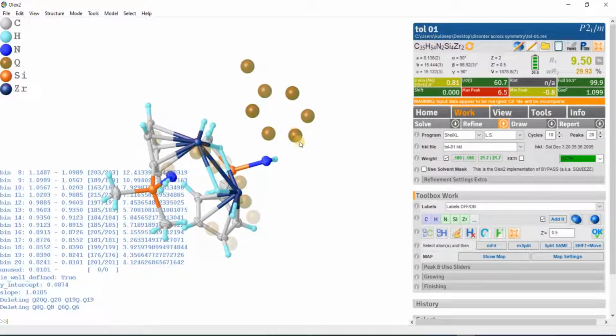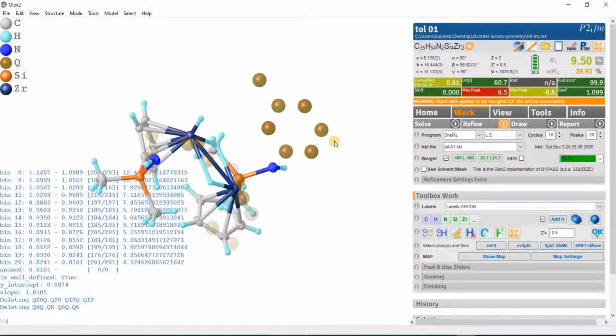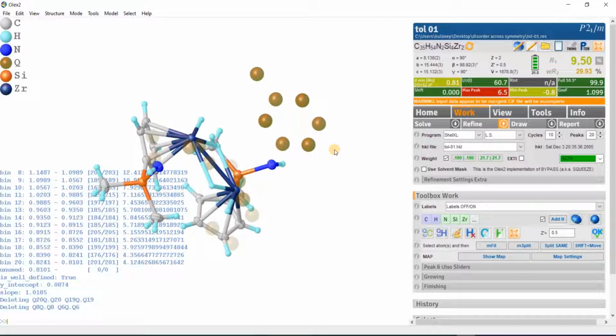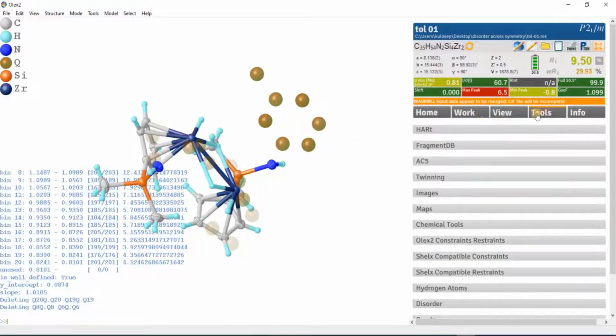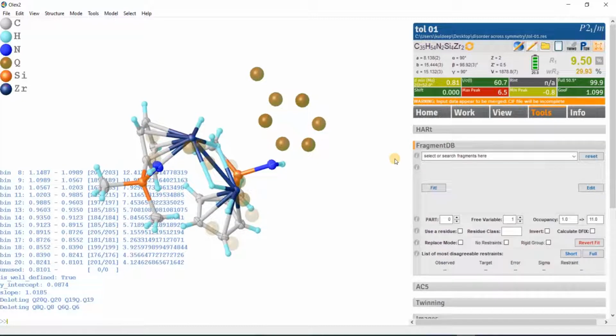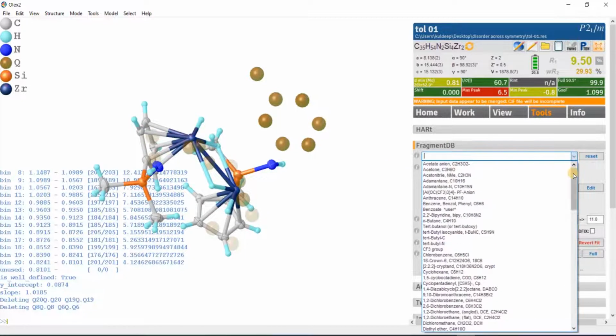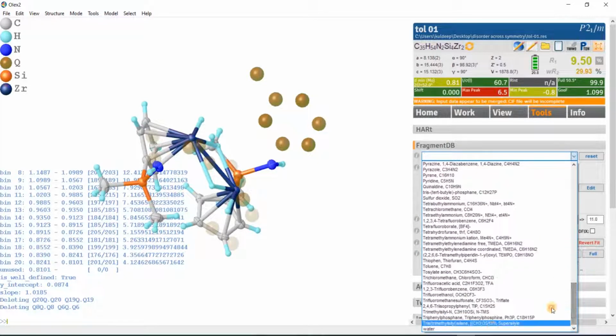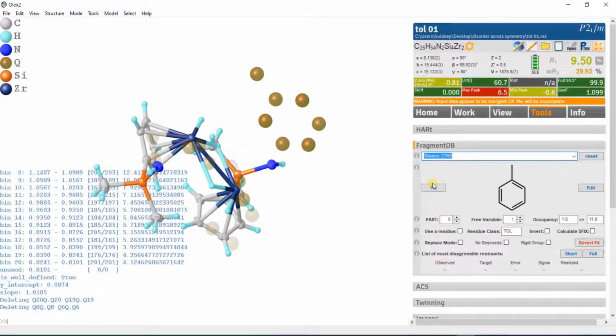Since the molecule is across the symmetry, only half of the molecule is present in the asymmetric unit, so I am going to model the disorder by using PART -1. For this, I go to the fragment DB and search toluene. Here is toluene. So PART -1, free variable 1, occupancy of course only half because the molecule is on the symmetry, and going to fit.